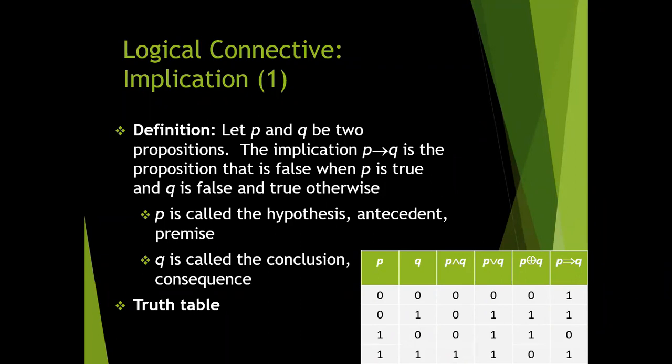Means if the first proposition is true and the second proposition is false, then the output of the implication connective will be false, and for all other values it will be true.